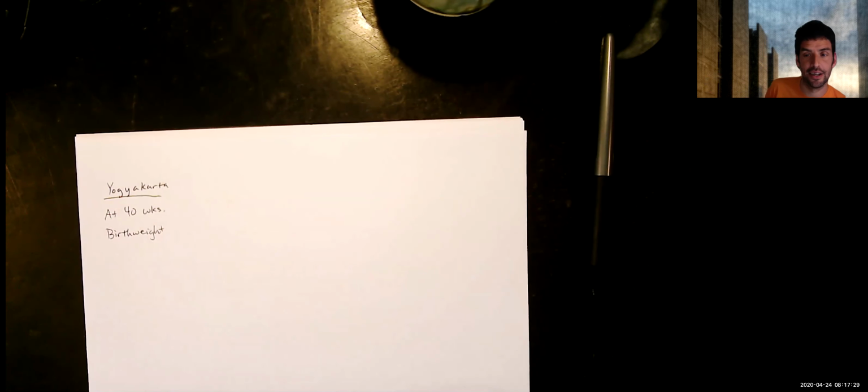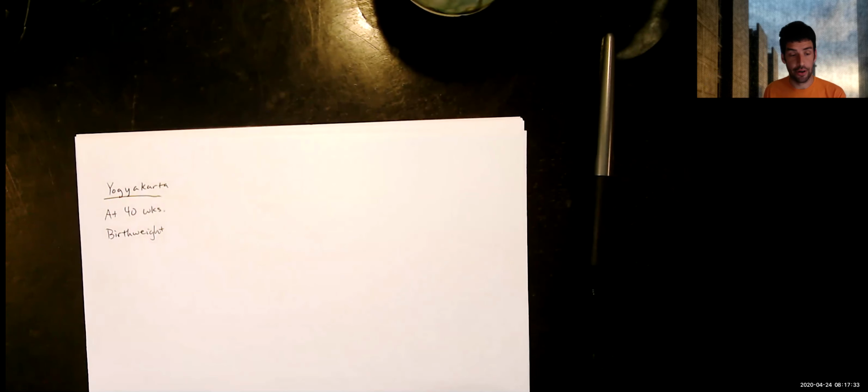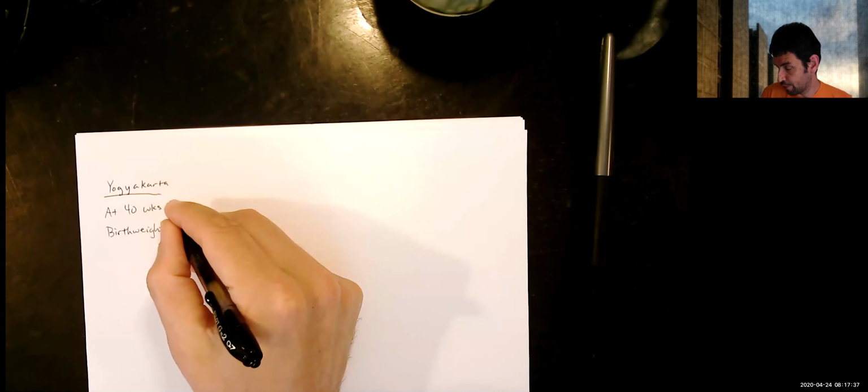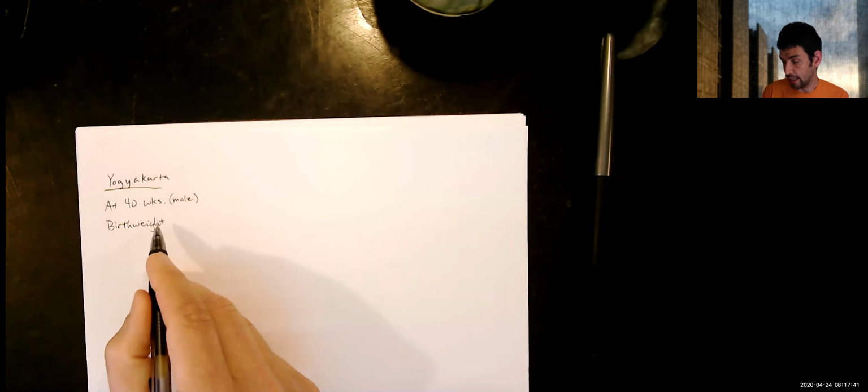I've got it linked, and I'll share that link with you. I forget the numbers, but it's sample data, right? They don't have data on every single birth. And this is at 40 weeks, and I'm going to use the male examples.